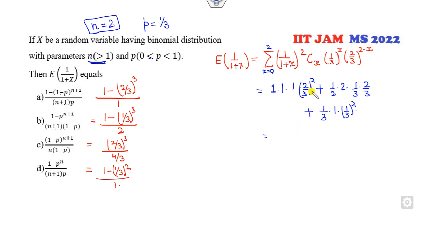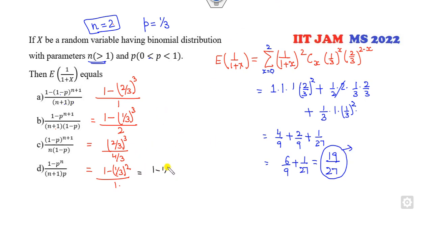Now you can see 4 over 9 plus 2 over 9 plus 1 over 27. So what is that? It's 6 over 9 plus 1 over 27. So 27 is my LCM, so 18 plus 1, that is 19 by 27, is the right answer. Now you can simplify the options. The first one is not an option.